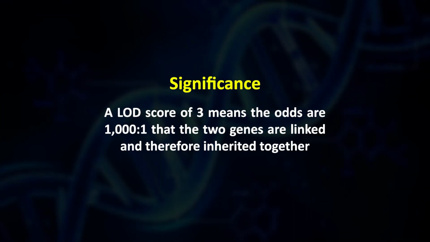In terms of significance, a Lod score of 3 means that odds are 1000 to 1 that the two genes are linked and therefore inherited together. Linkage studies directly examine the transmission across generations of both disease phenotype and marker alleles within a known pedigree, seeking correlation that suggests that the marker is linked with a causal locus.